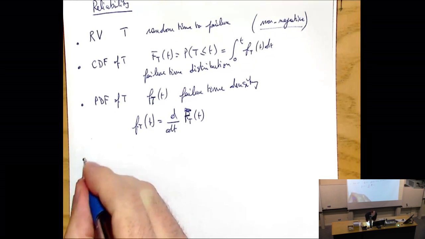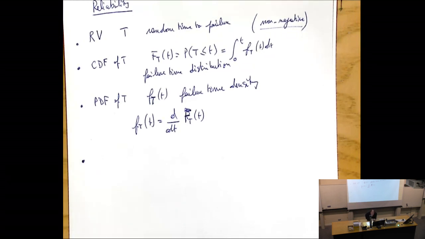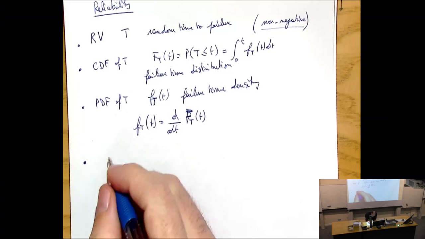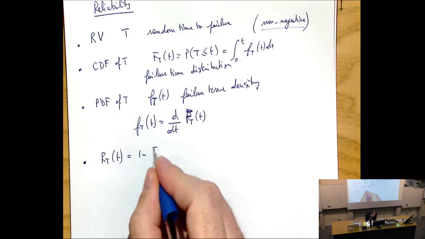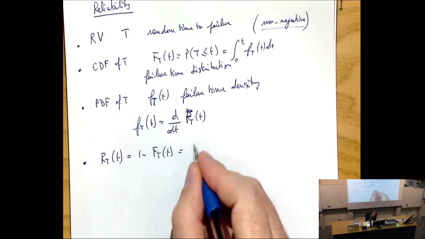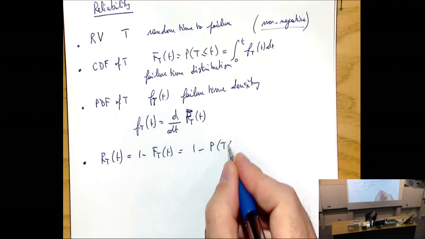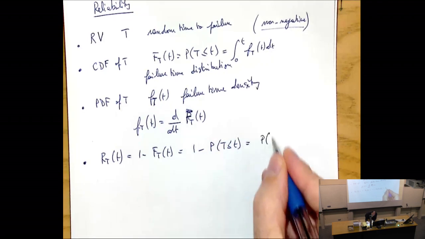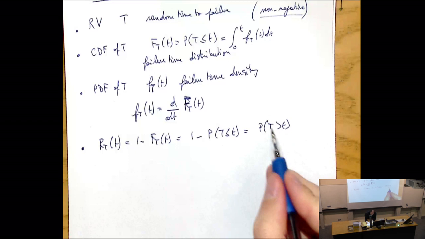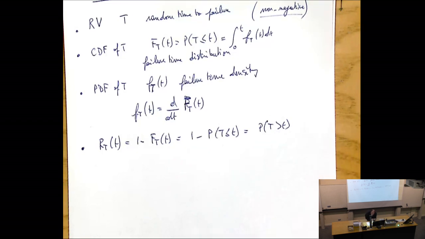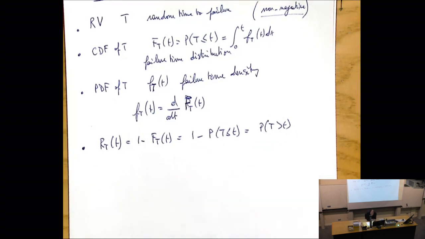Good. If we look at the complement of the CDF, we have 1 minus the CDF of T. So 1 minus the probability that T is smaller or equal to t, or in other words, the probability that T is larger than t. So the probability that a component functions properly for at least t units of time.